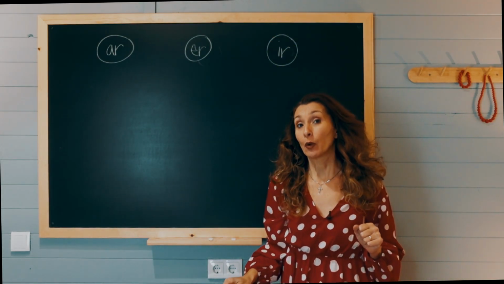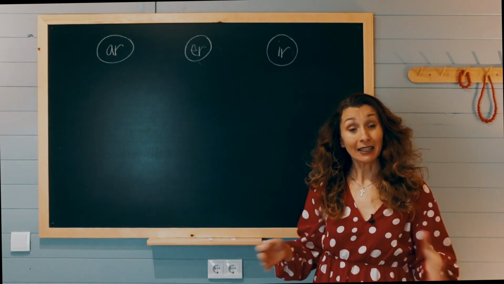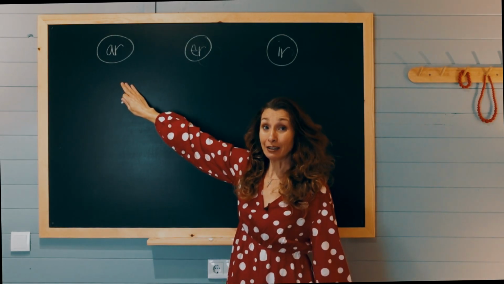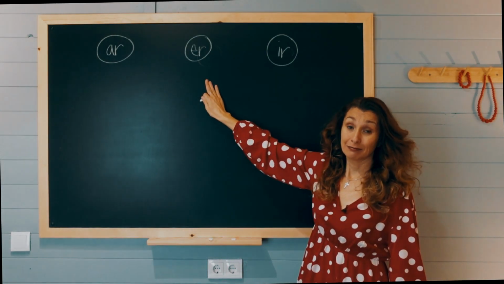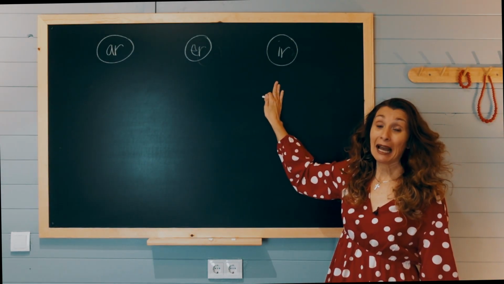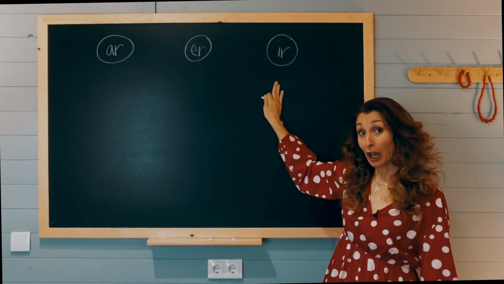Okay? So any Spanish verb that you see, encounter, learn will either end with ar and belong to the first conjugation, er and belong to the second conjugation, or ir and in that case belong to the third conjugation.